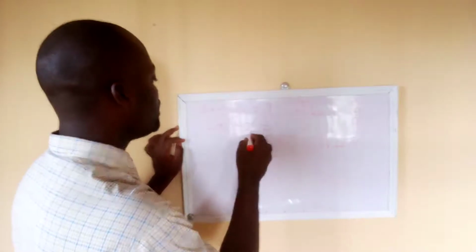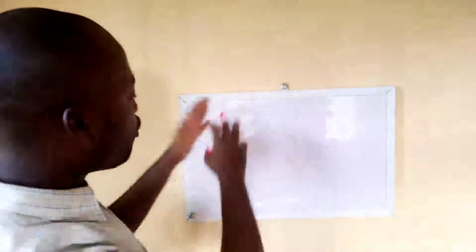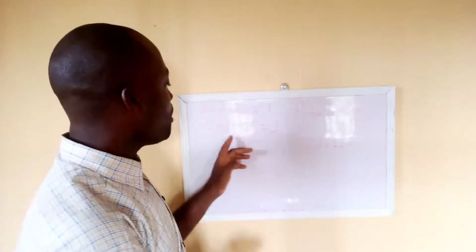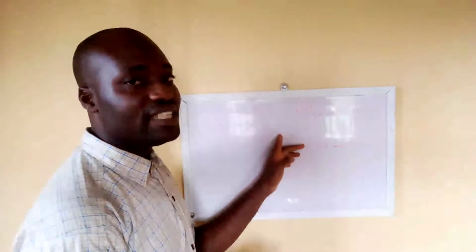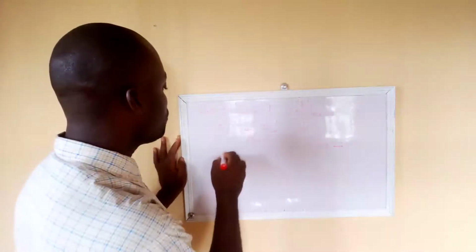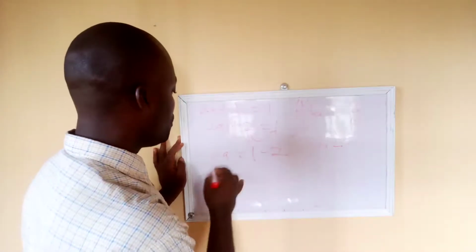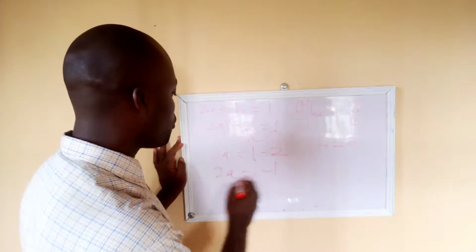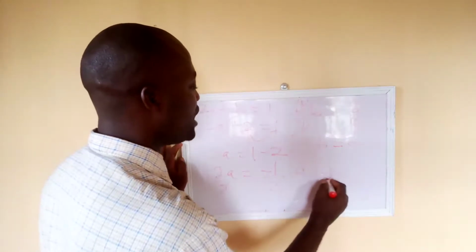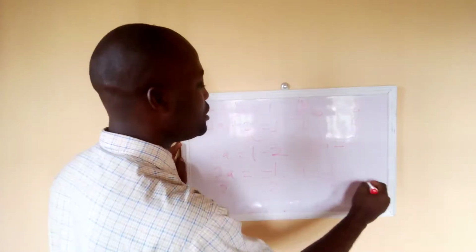So plus 2 will leave the left hand side to go and meet 1 at the right hand side. So 2a will be 1 minus 2, so 2a will be equal to minus 1. Dividing both sides by 2, a will be equal to minus 1 over 2, and b is equal to 2.